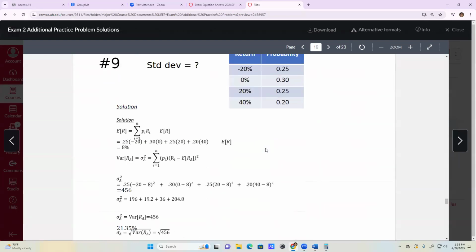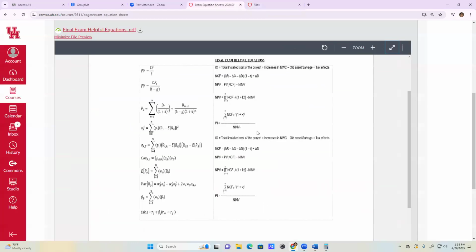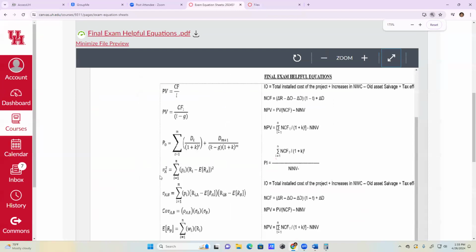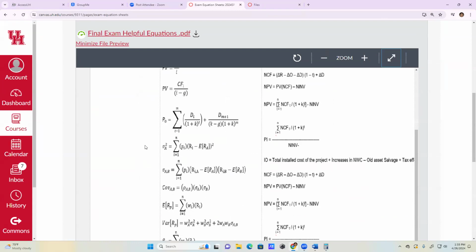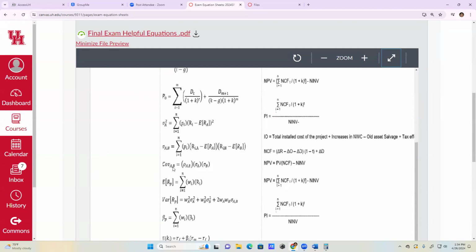Other than that, the most important thing is what terms are important. You have to know that this one right here, when it has a square on it, is called variance. And if you take the square root of a variance, it's called standard deviation. This symbol right here, even though you thought it is standard deviation, if there's an A and a B next to it, it's called covariance. Right here, covariance, these two are the same thing.